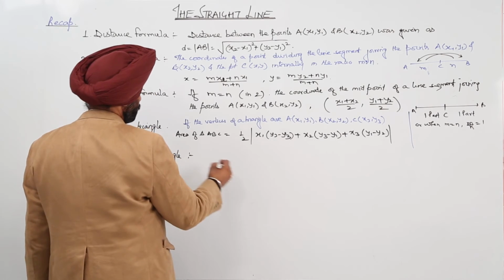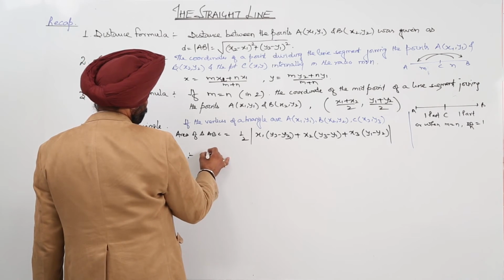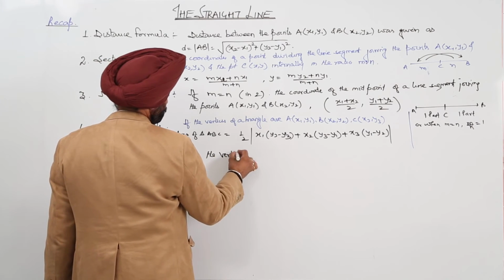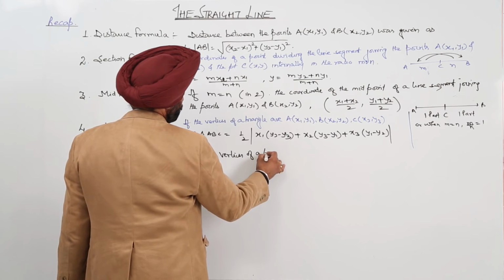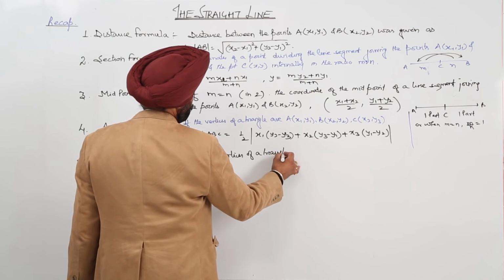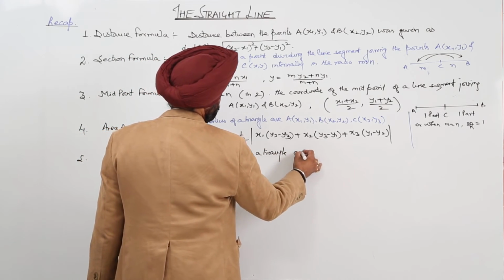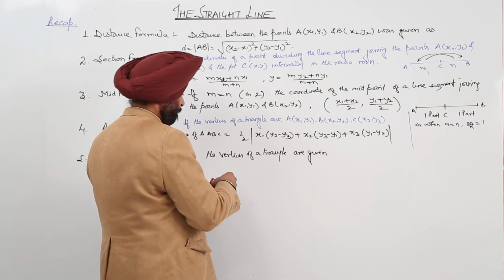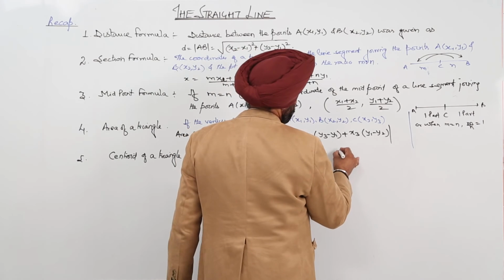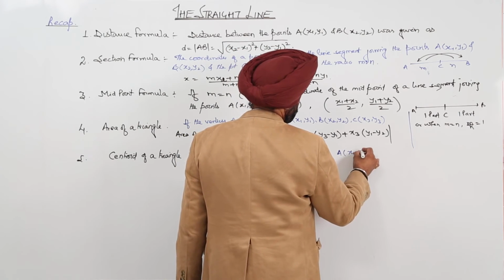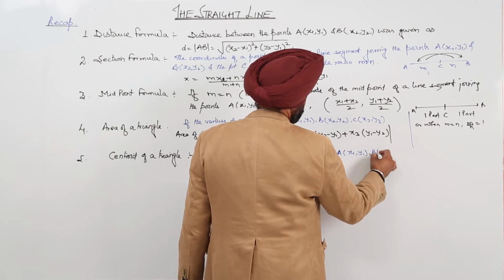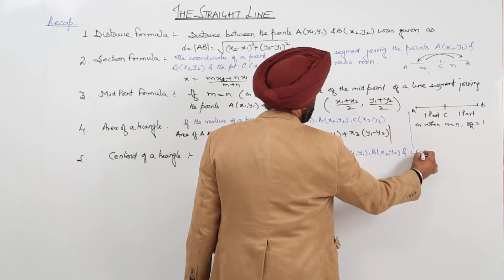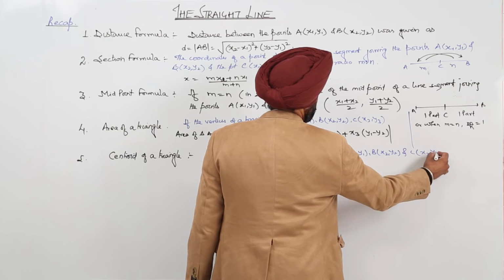Now here the vertices of a triangle are given with A x1 y1, B x2 y2 and C x3 y3.